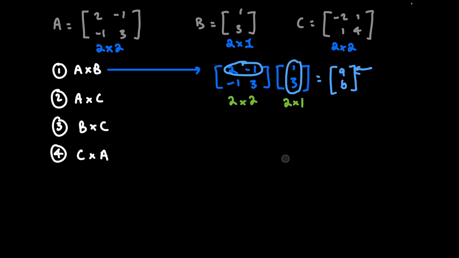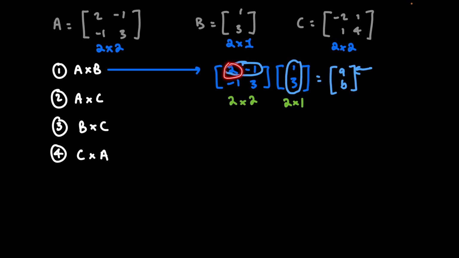What we end up doing is multiplying each term with the subsequent term in the next matrix, and then adding them together. If that sounded like a whole bunch of yap, here's what that actually means. We do 2 times 1, the first terms in each of the circles or ovals I have over here. 2 is the first term in the first row of the first matrix, and 1 is the first value in the second matrix's only column.